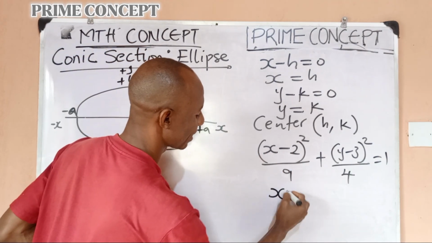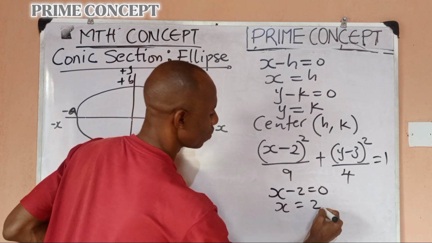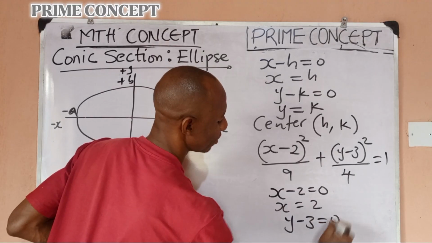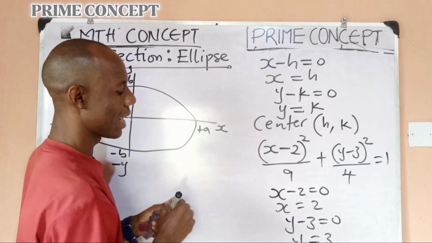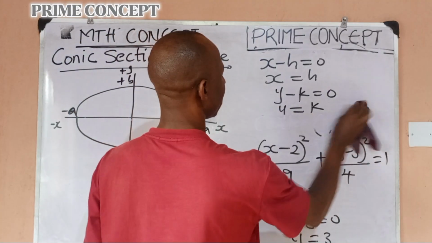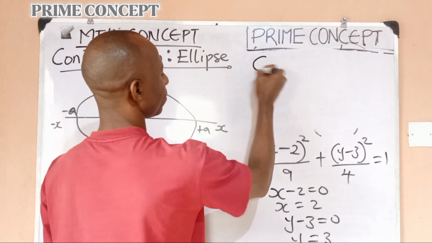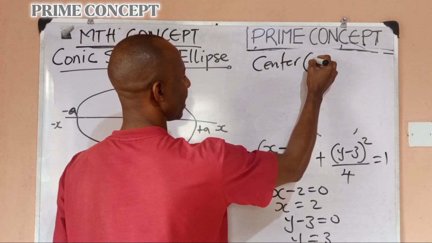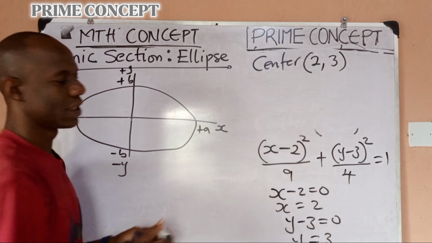So I would have x minus 2 should be 0, so that x is 2. Same thing, y minus 3 is 0, so that y is 3. The center of this ellipse is, you write the x first, 2 comma 3.